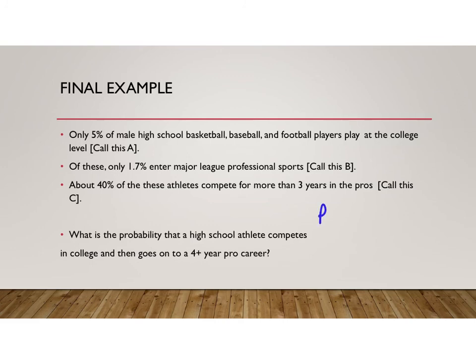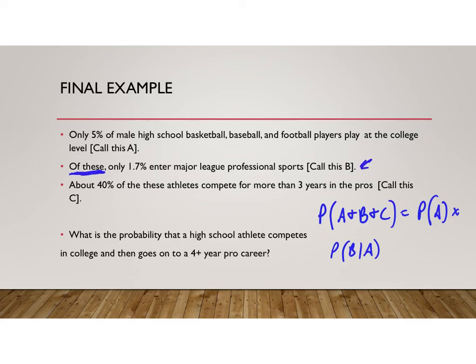So what we're looking at is the chances of getting A and B and C. That equals the probability of A times the probability of B given A, which is what I just gave you because I said "of these."